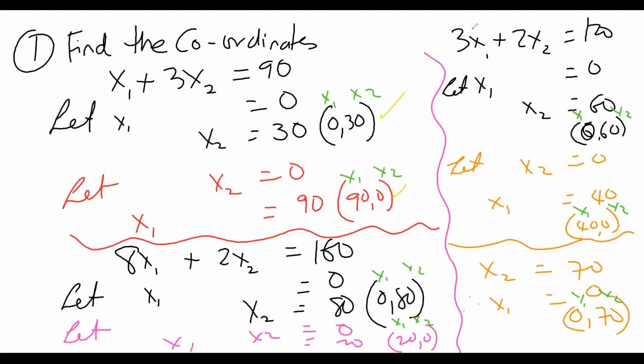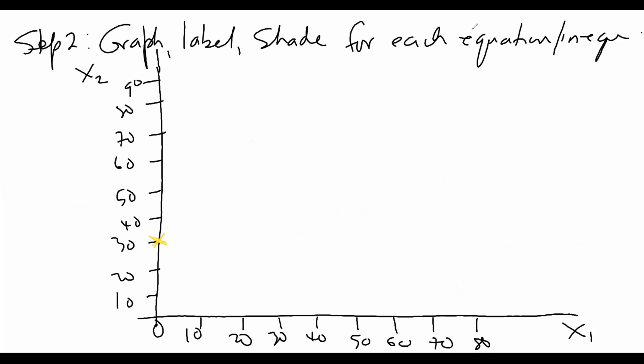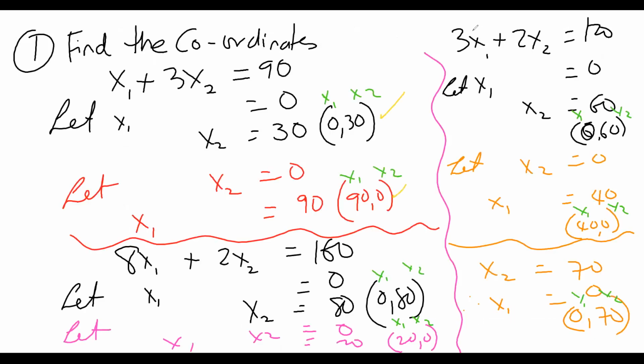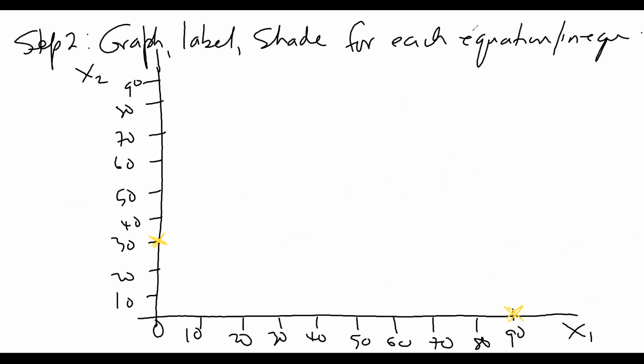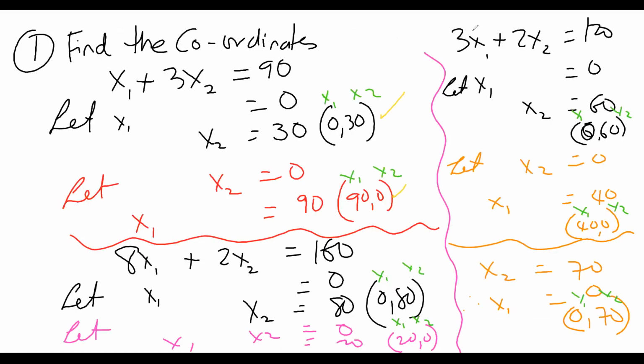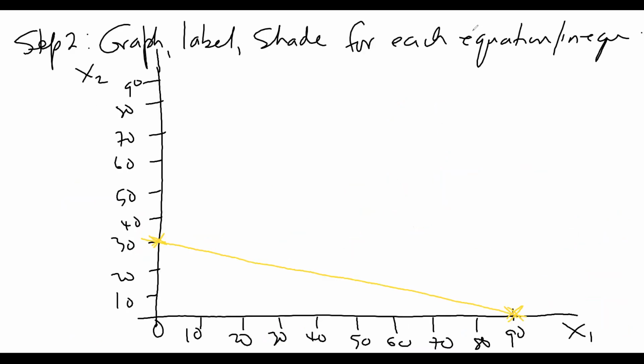Oh, I missed a 90, so I must go back and put my 90. The next one is 90, x2 is 0. The next one is 0, x2 is 30. So that is going to be our line. The name of this line is x1 plus 3x2 equals 90.